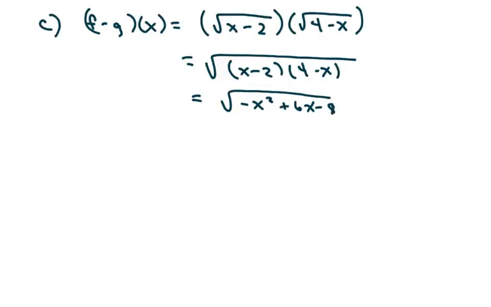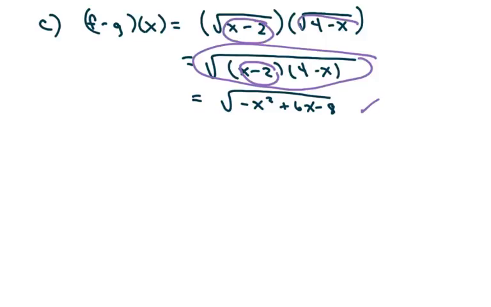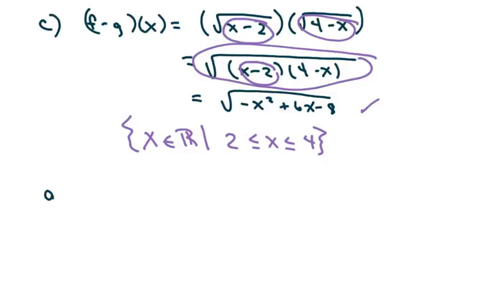That's just the algebra. However, when you're doing the domain, I wouldn't even look at that. I would just look at these two pieces. So the domain's going to be the same as it was for a and b: x is between 2 and 4, inclusive.